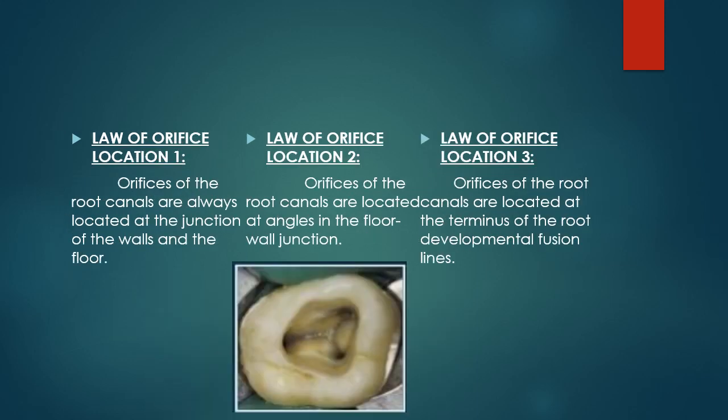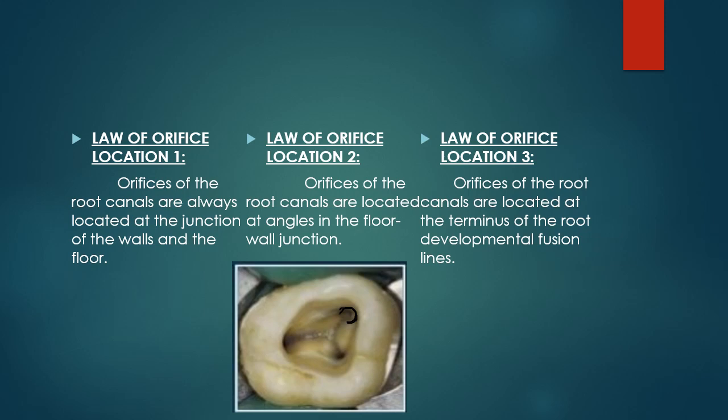Coming to the orifice location, law of orifice location 1 says that the root canals are present at the junction of the wall and the floor of the pulp chamber. Law of orifice location 2 says that the canal orifices are always located at the angle of the floor and the wall junction.